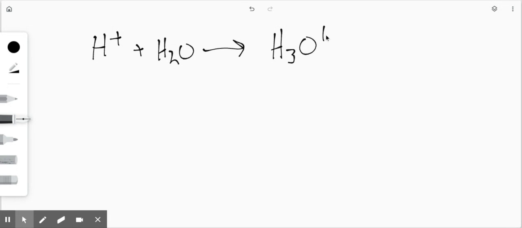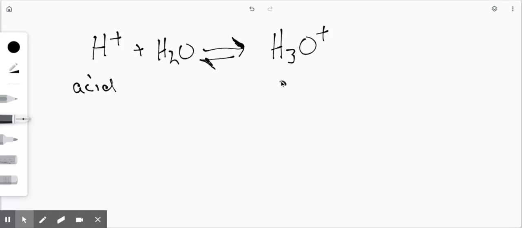And you get this. I'm going to make it a double-sided arrow. Why not? Okay, there it is. So what that means is water is giving a piggyback ride to a proton.